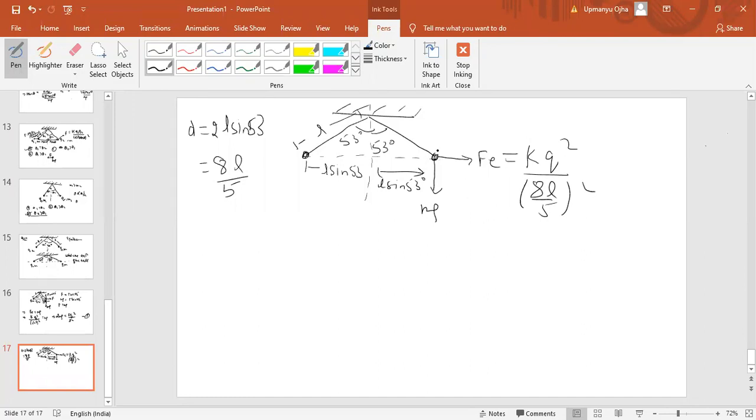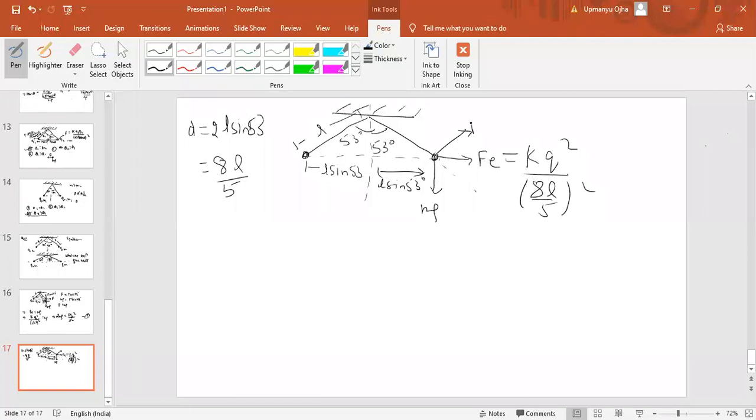This bob is accelerating in the tangential direction. So we have to find the force acting in the tangential direction. So if I have to find the force in the tangential direction, then we have to find the component of the force. This is 53, this is 37, 90, 53, 37, 53.